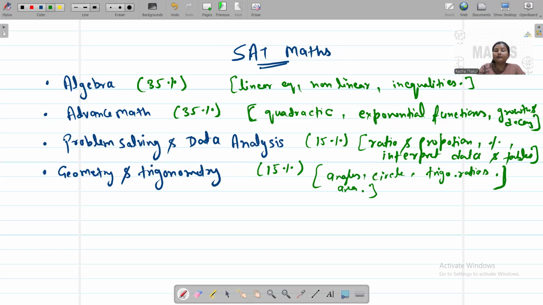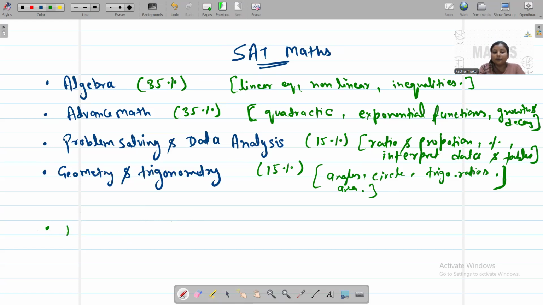Now, as I told you, this is an adaptive test. In reading and writing, you will get questions in a specific order of difficulty and also grouped by type, like a reading question, then writing, then rhetorical synthesis, and so on.